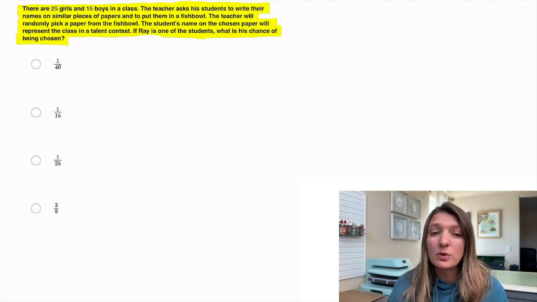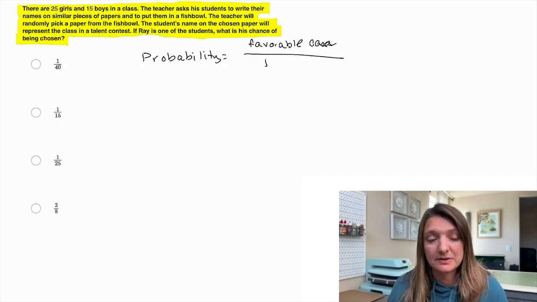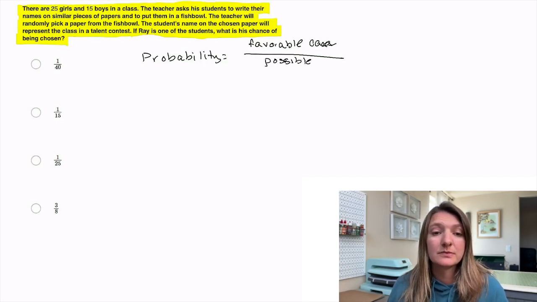Let's remind ourselves what the equation for probability is. That is going to be the favorable case or chance over the total possibilities. When we're looking at our question here, we want to find out the probability of Ray being chosen.